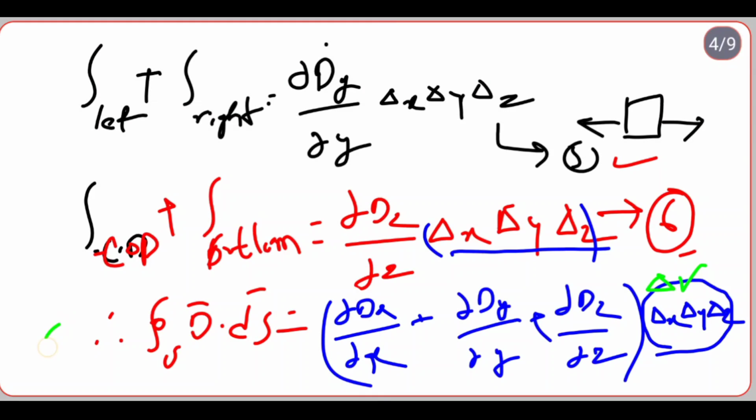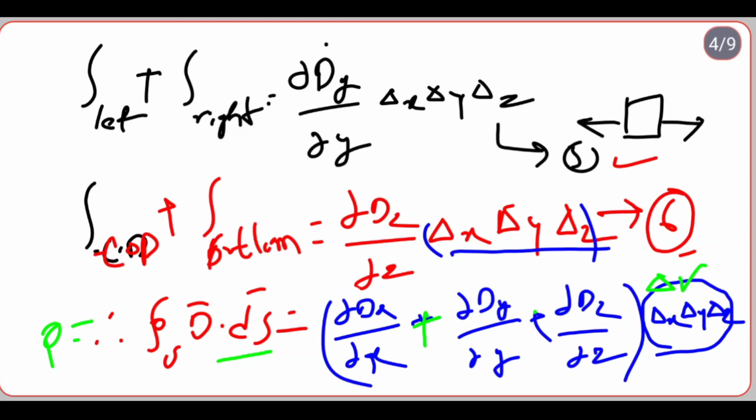Hence the total charge enclosed in the differential volume delta v is given by Q equals surface integral D dot dS equals dou Dx by dou x plus dou Dy by dou y plus dou Dz by dou z, into delta v. This is the total charge enclosed in volume delta v.